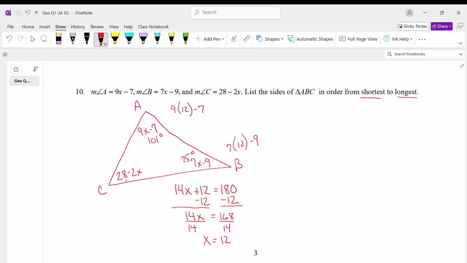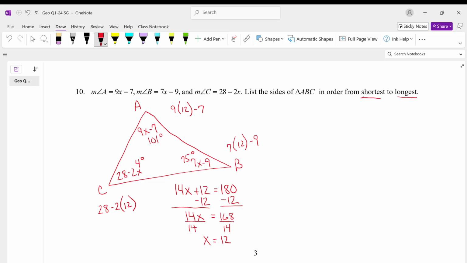And angle C here is going to be equal to 28 minus 2 times 12, which is 4.